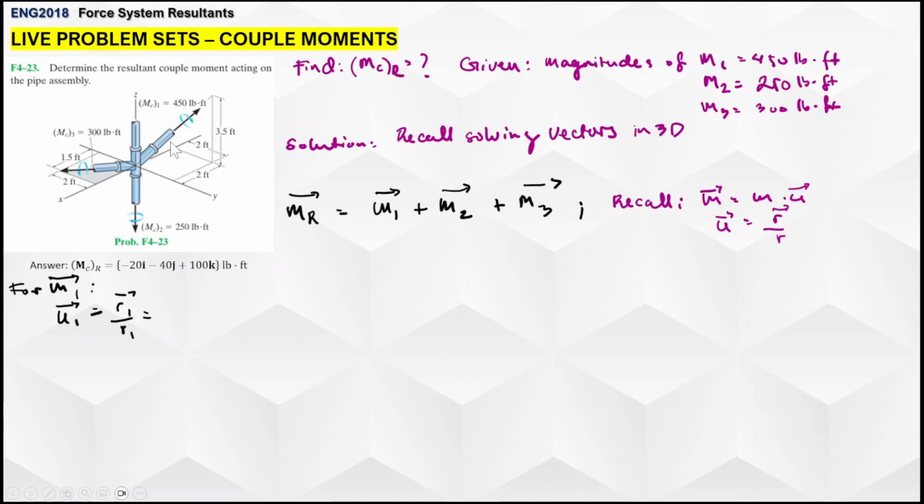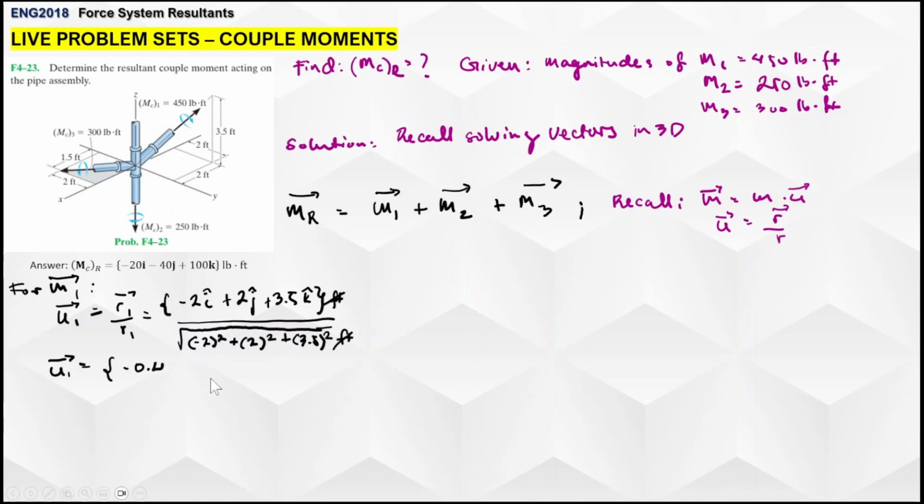What is R1, by the way? We're given dimensions here. So that's negative 2 i hat plus 2 j hat plus 3.5 k hat divided by the square root of the sum of the squares of each x, y, z axis. There we go.